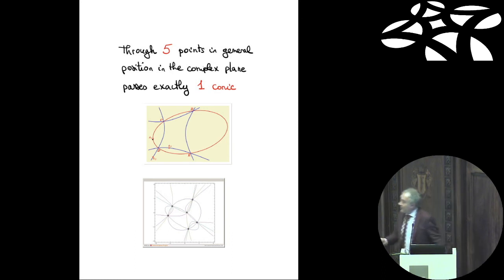So let me show you. Here you have 1 point, 2 points, 3 points, 4 points. So you have these 4 points. And if you vary the 5th point, you get different conics. So if, for instance, you take as a 5th point this one, you get this red conic.